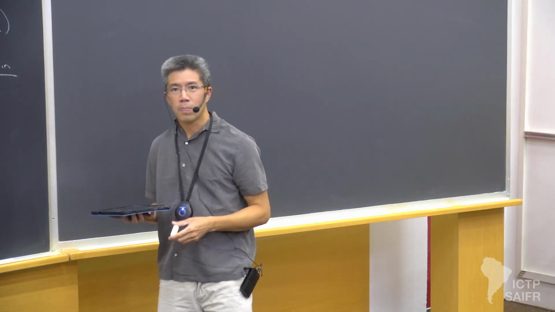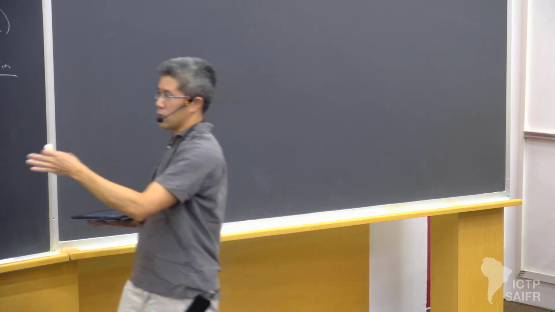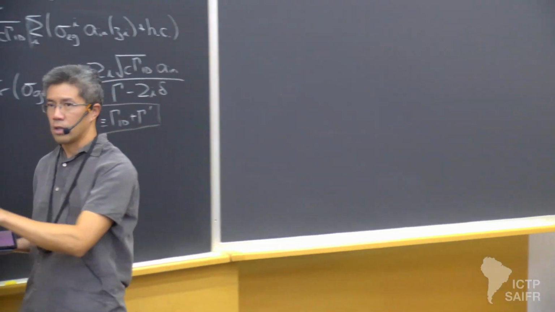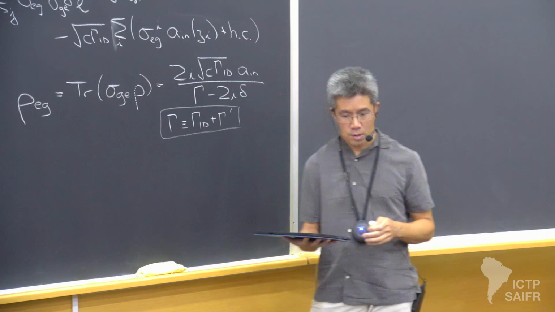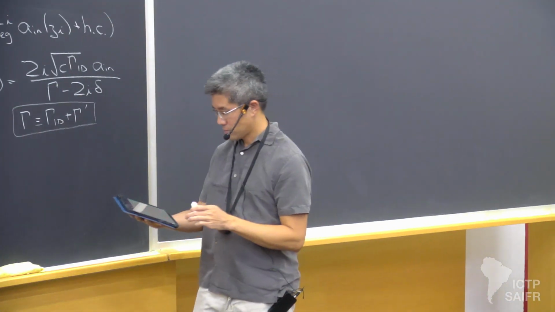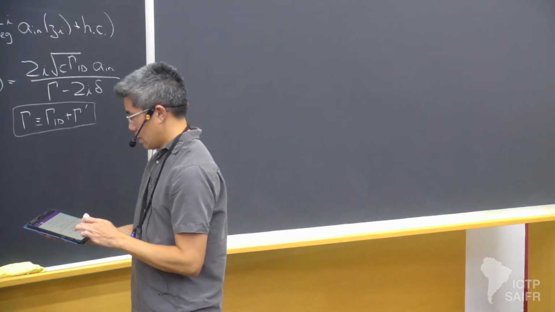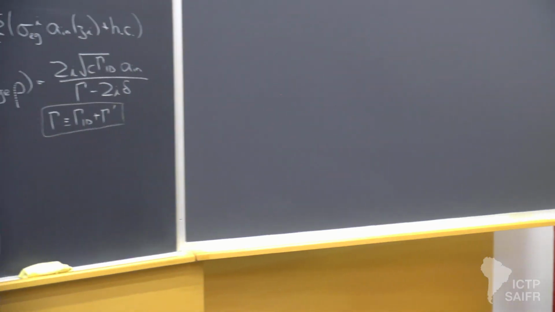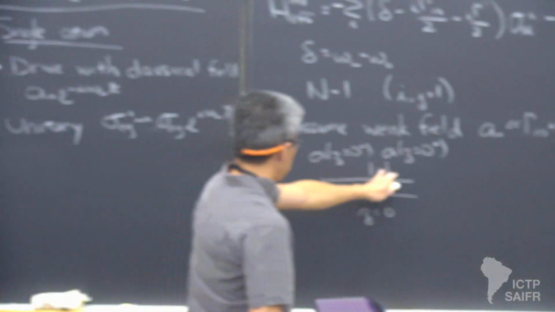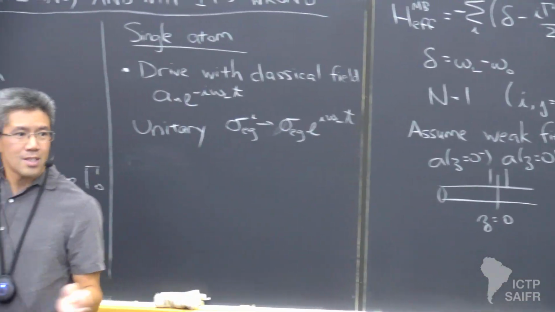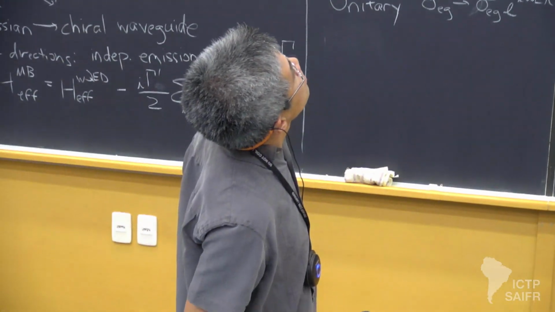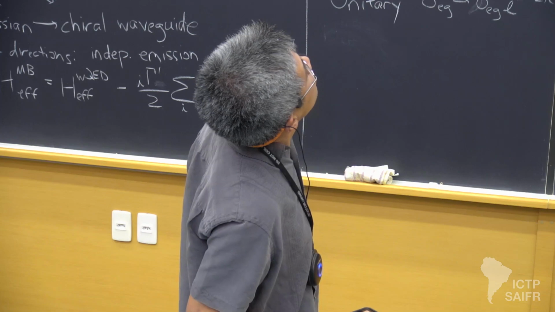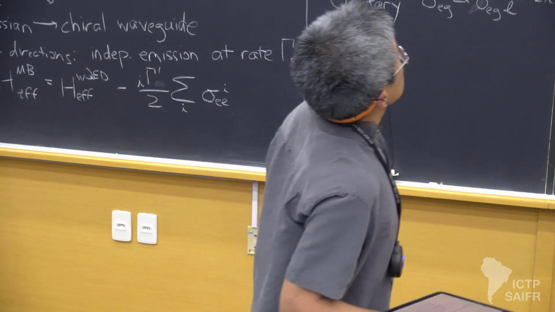Thank you. Yeah, so if you want another way to say this, what I write down here, I'm only going to be interested in the linear transmission coefficient. Procedurally, the way to calculate the field going past the atom is as follows.